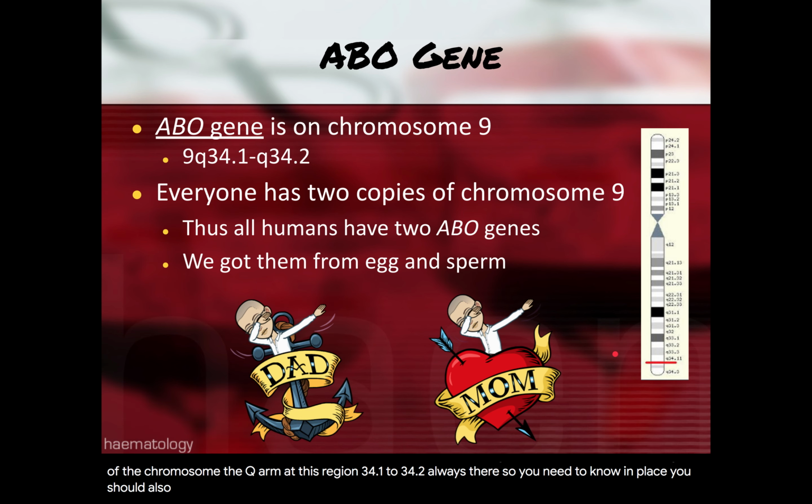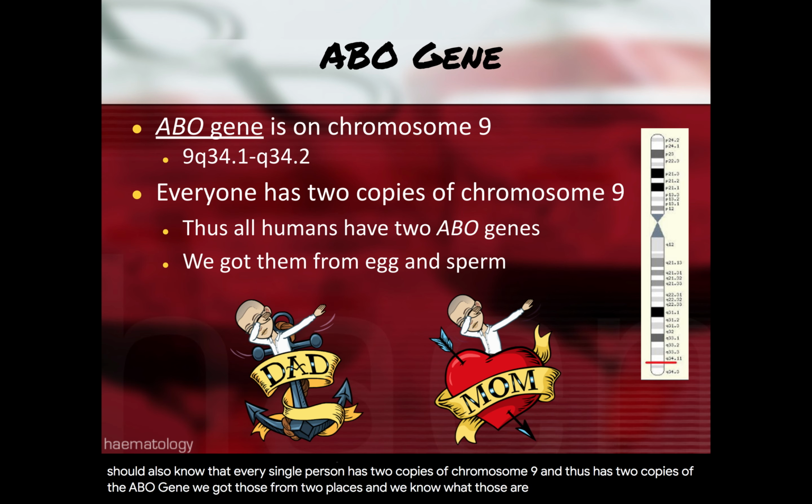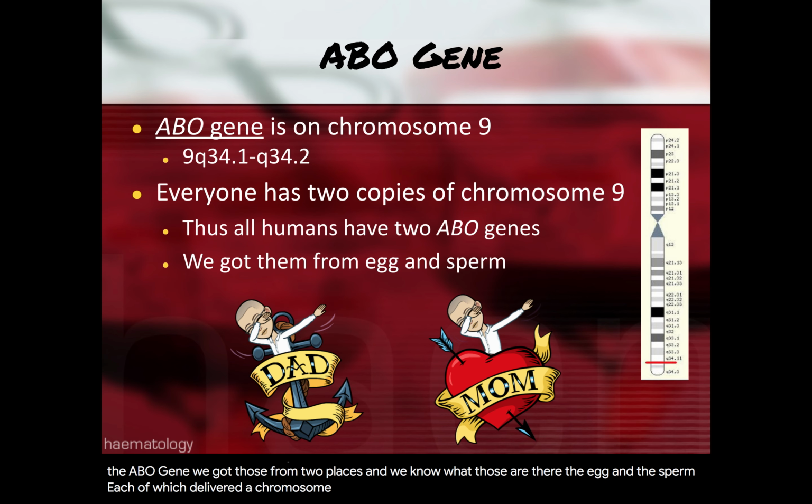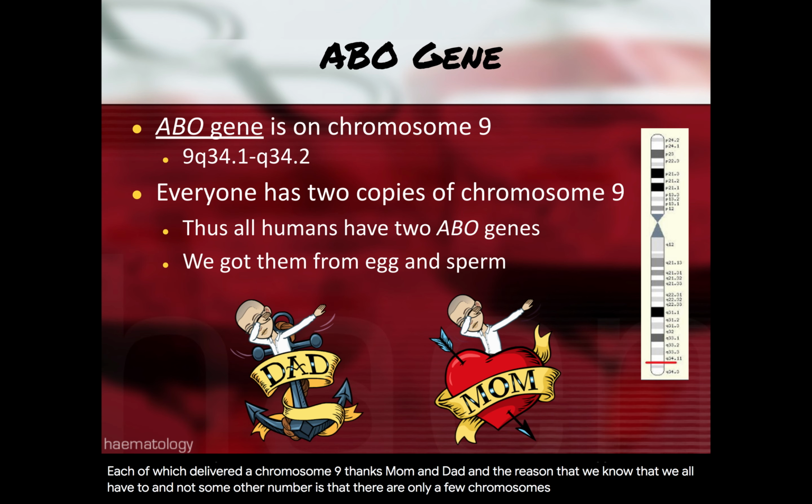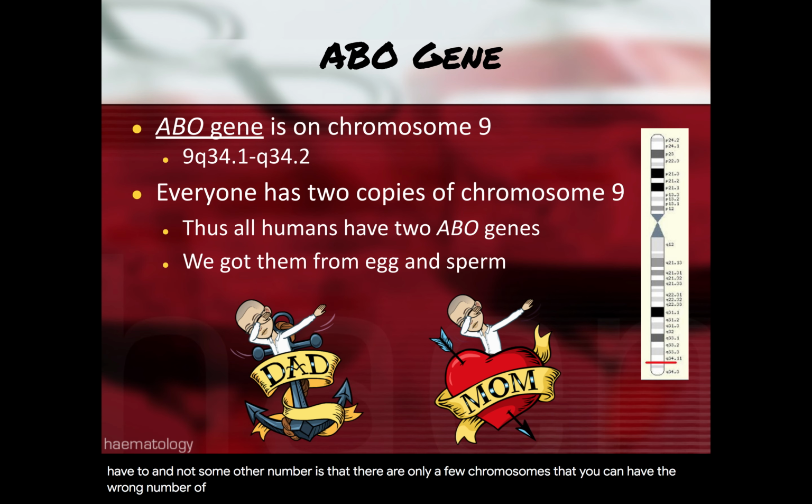You should also know that every single person has 2 copies of chromosome 9, and thus has 2 copies of the ABO gene. We got those from 2 places, and we know what those are. They're the egg and the sperm, each of which delivered a chromosome 9. Thanks, Mom and Dad. And the reason that we know that we all have 2 and not some other number is that there are only a few chromosomes that you can have the wrong number of and still be a living, breathing human.